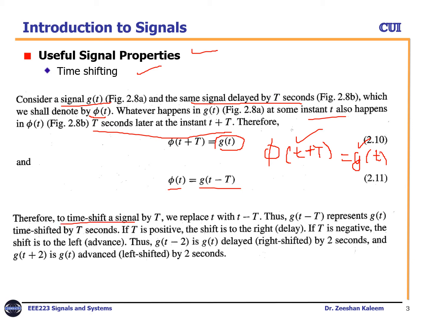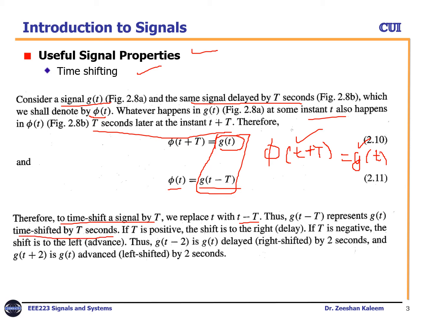Therefore, to time shift a signal by time capital T, we replace t with t minus T. Thus g(t minus T) represents g(t) time shifted by T seconds.